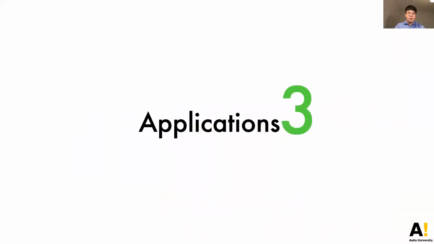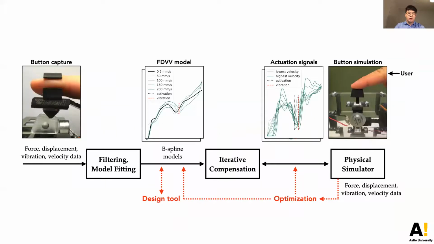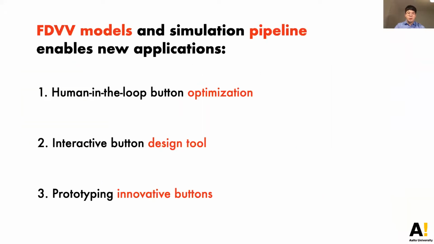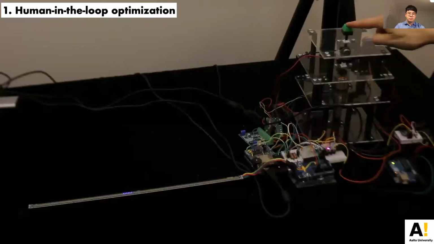Then, let's take a look at the applications enabled by our approach. Our work allows efficient exploration and design. Applications include optimization, real-time design, and implementing new buttons. The first application is automatic optimization.